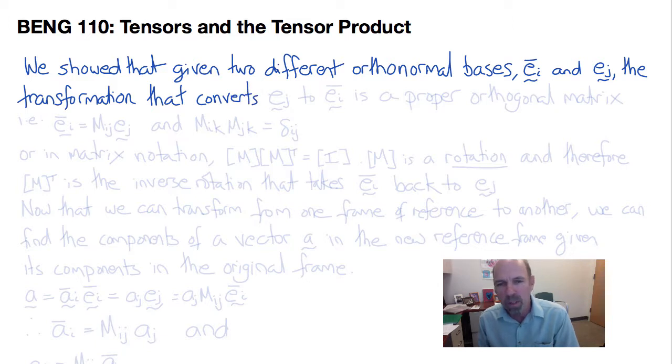And what we further went on to show is that given that these two frames of reference are orthonormal, they're both Cartesian with unit orthogonal base vectors, and they both have the same handedness, then the transformation from Ej to Ēi would be a proper orthogonal matrix. In other words, it would be a rotation.